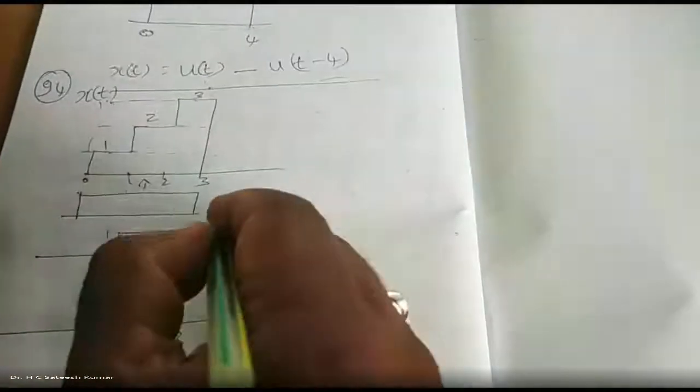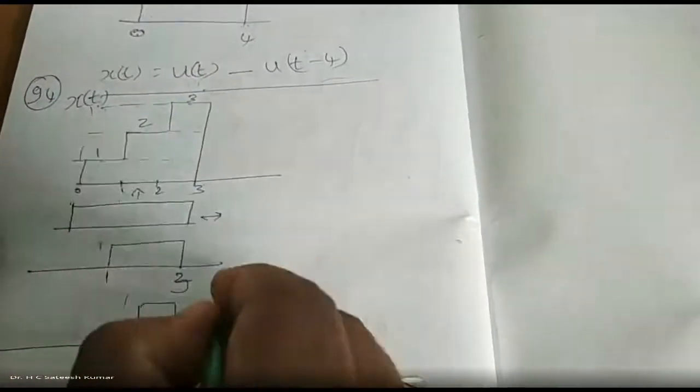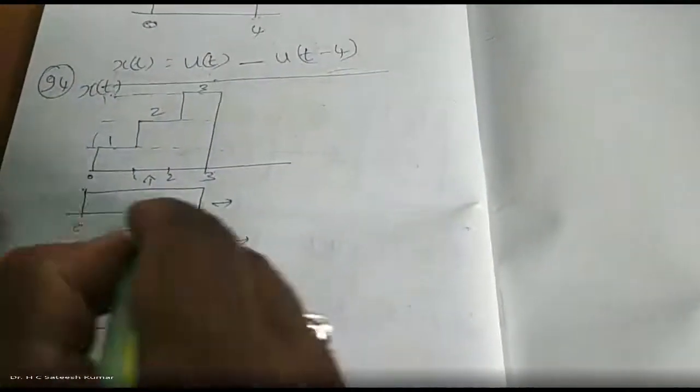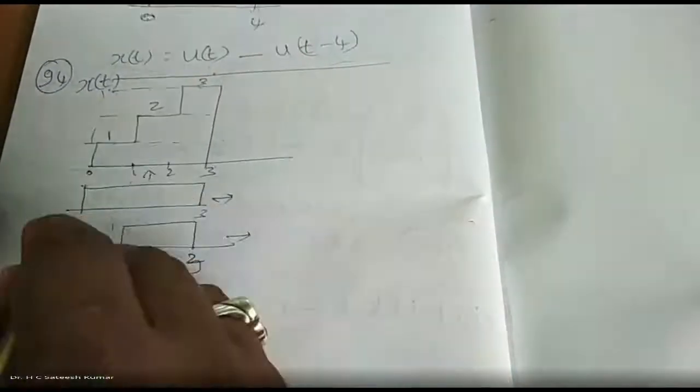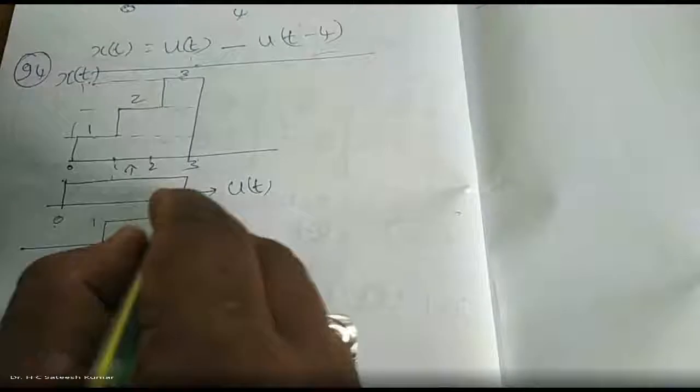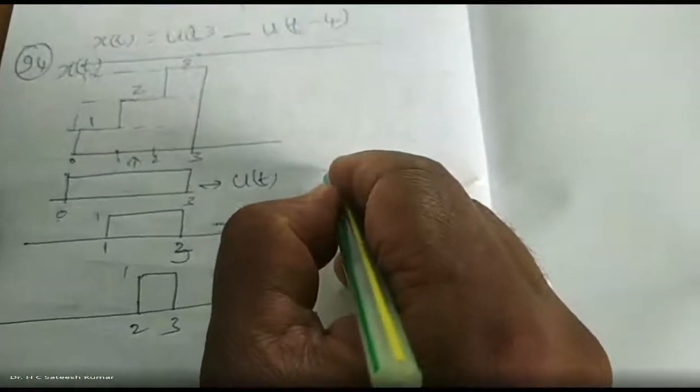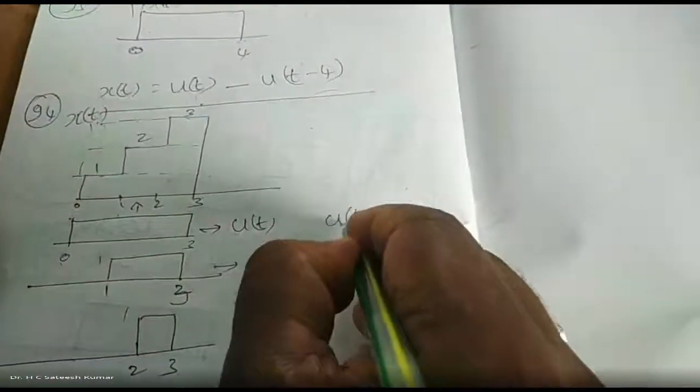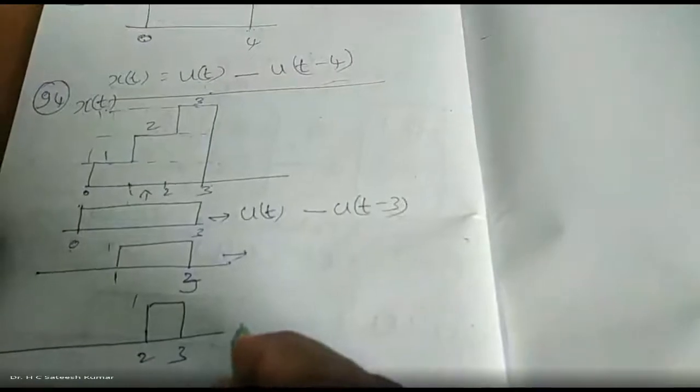So how do we write this? Starting from 0, up by 1 unit, that is u of t. At 3, fall means minus u of t minus 3.